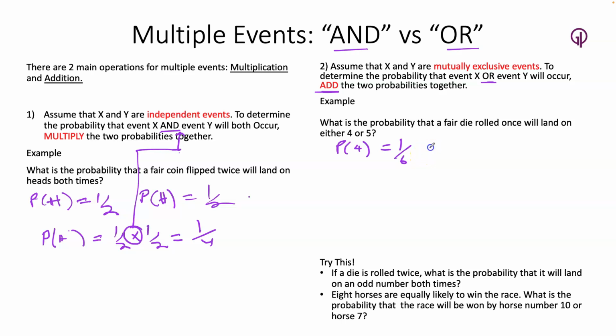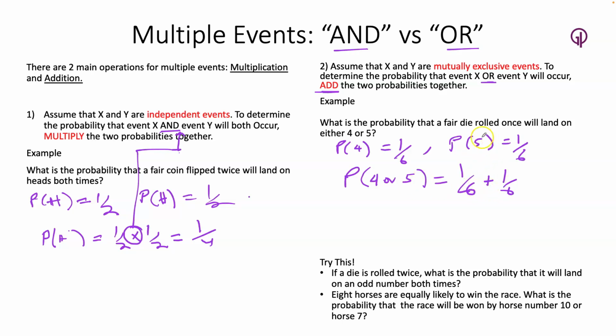And the probability that the die will land on 5 is what? Also 1/6. So the probability that the die will land on 4 or 5 is what? 1/6 plus 1/6.